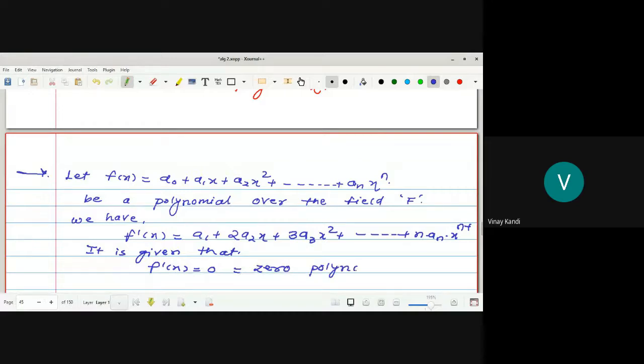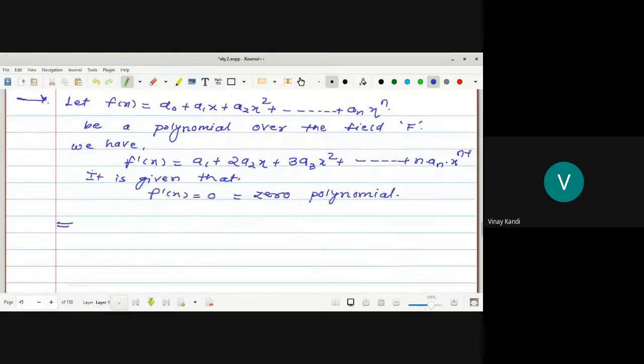So this implies a1 plus 2a2x plus 3a3x square plus up to n an x raised to n minus 1 is equal to the 0 polynomial. By the equality of two polynomials, we get a1 is equal to 0, 2a2 is equal to 0, 3a3 is equal to 0.